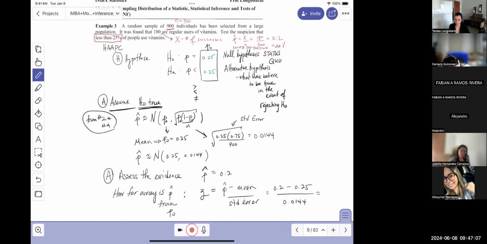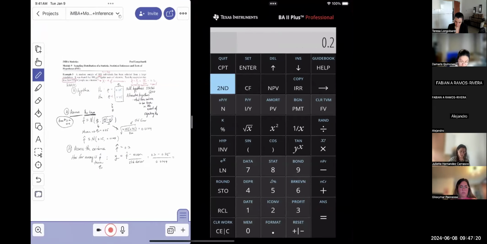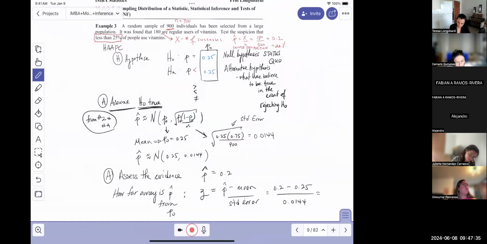So what do you get when you put that together? 0.2 minus 0.25 divided by 0.0144 is negative 3.47. Aha. How do you conclude this? Is the P hat that we got an outlier?